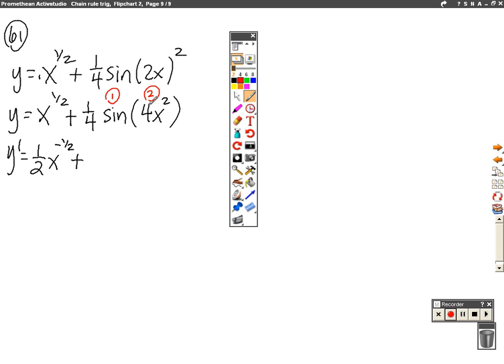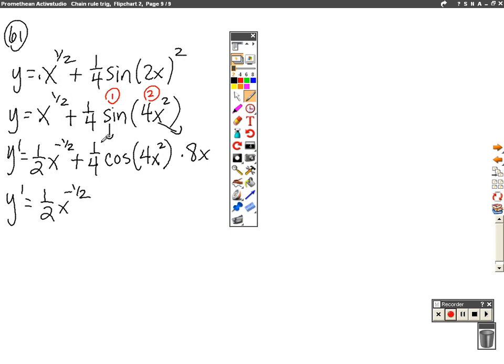The derivative of sine is cosine of the angle multiplied by the derivative of the angle, which is going to be 8x. So when I clean that up, I get 1/2 x to the negative 1/2. The 1/4 times the 8x will give me 2x cosine 4x squared.